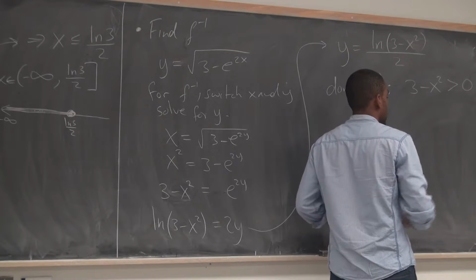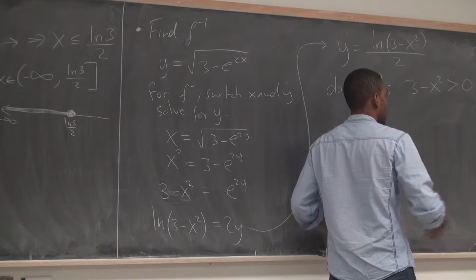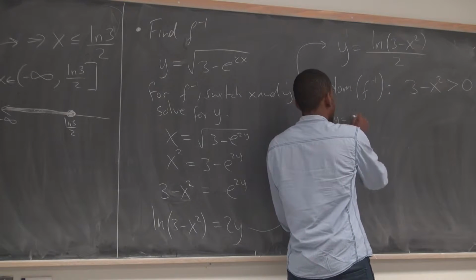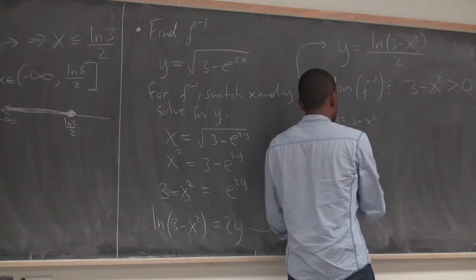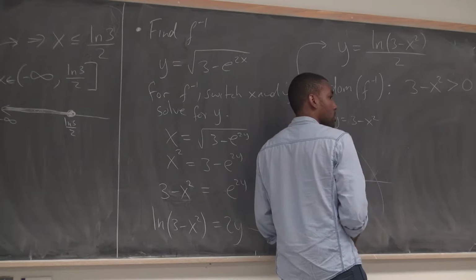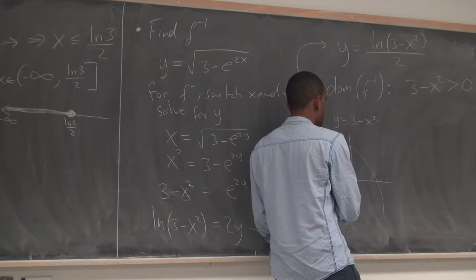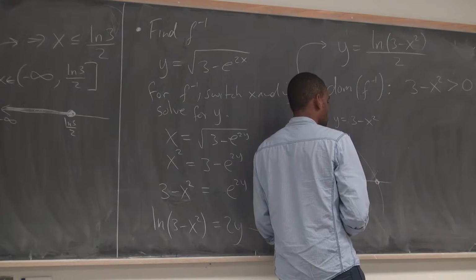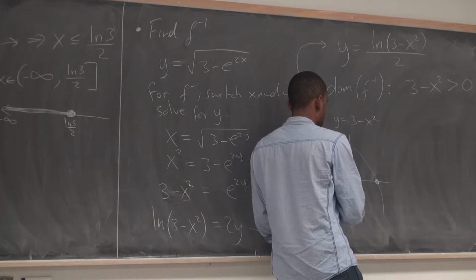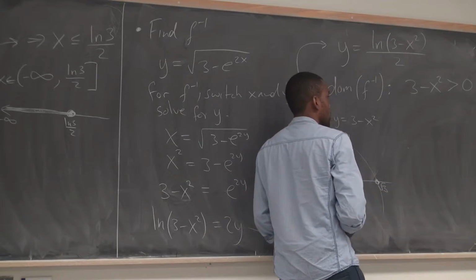It'll be a finite length interval, because y equals 3 minus x squared looks like that, right? It's only positive between one point and another point. Where are those points? Minus radical 3 and radical 3, right?